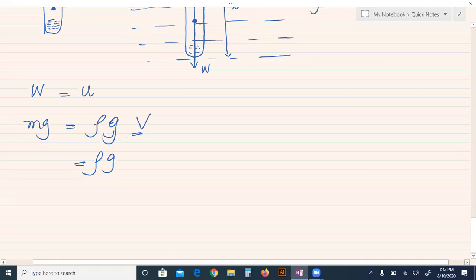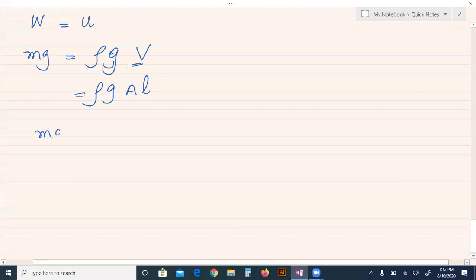This is the displaced liquid volume, so it is AL. So we can write weight mg is equal to rho g AL. When g cancels, the mass of the tube with sand is rho AL.